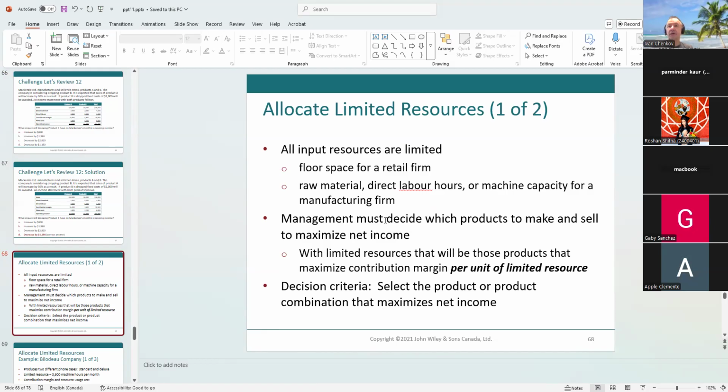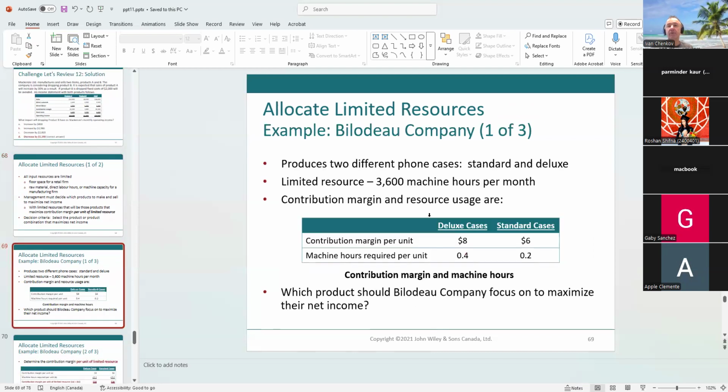So you have to decide which product to make or sell to maximize net income when you're dealing with limited resources. The decision criterion here is to select the product or product combination which gives you the maximum possible net income. How are we going to do that?